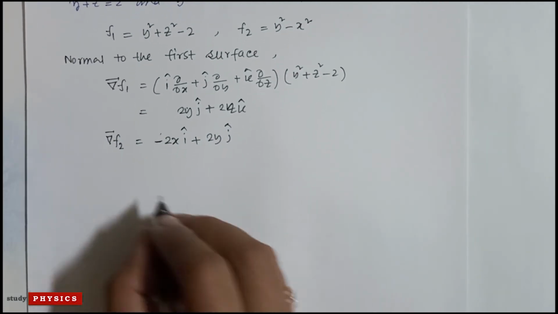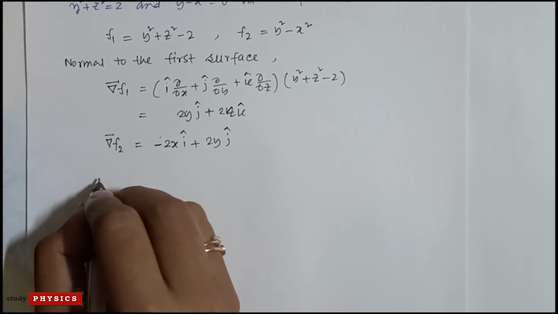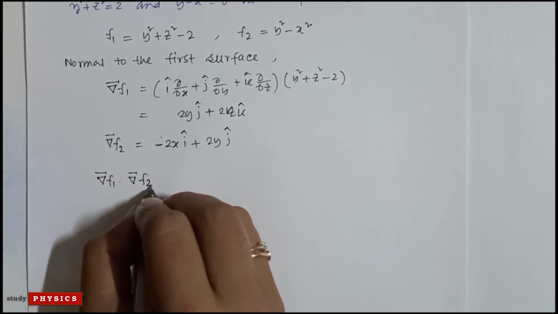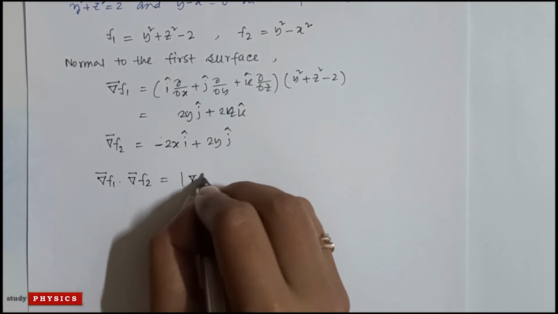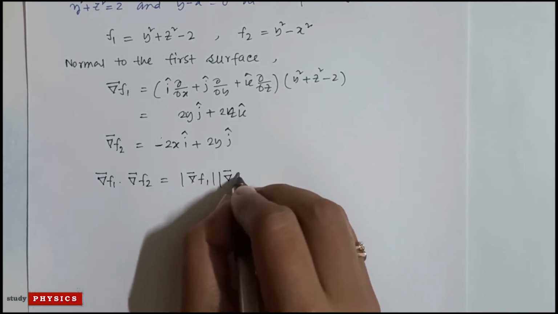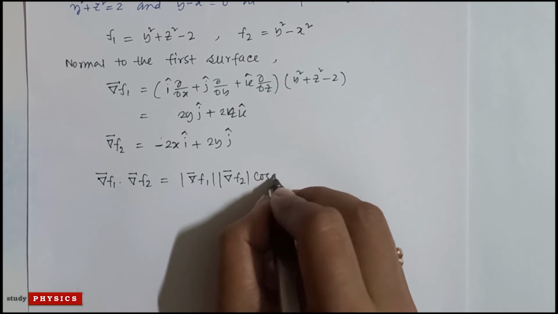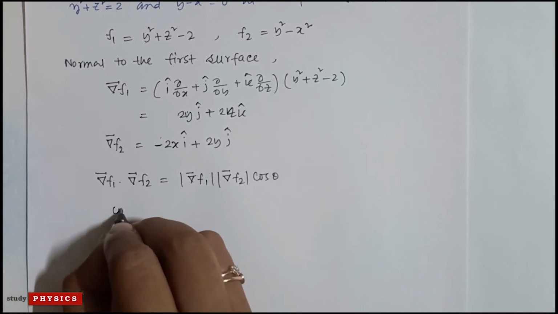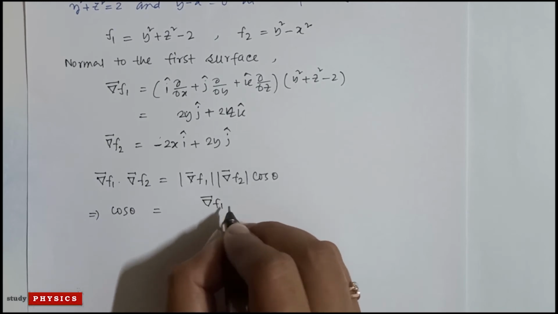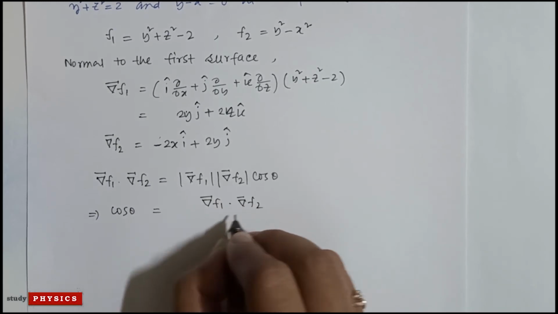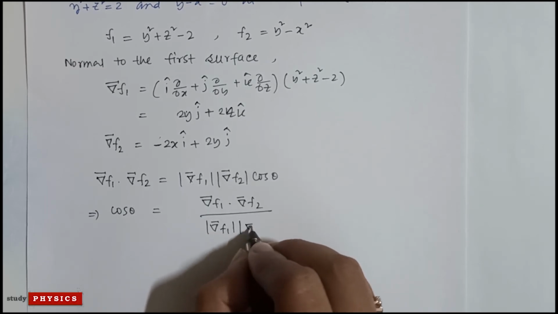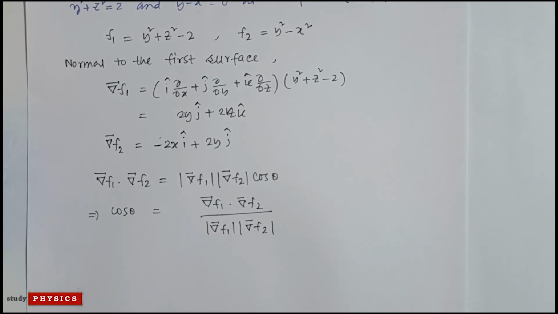So we know that grad f1 dot grad f2 is mod of grad f1 into mod of grad f2 into cos theta. So cos theta is grad f1 dot grad f2 divided by mod of grad f1 mod of grad f2.